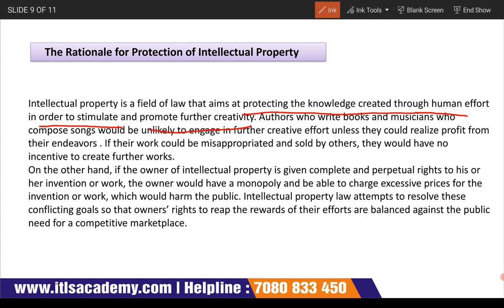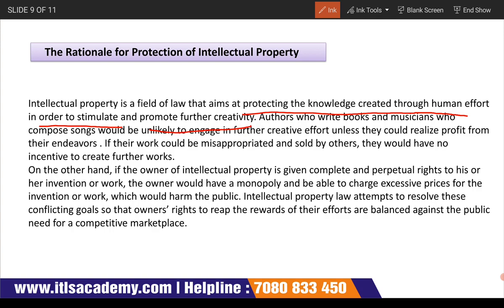So what they are trying to explain is that IP is a creation of the mind, where the human who created that particular thing is paid for their work. There is some imbalance here.